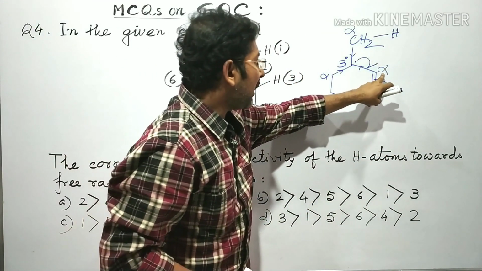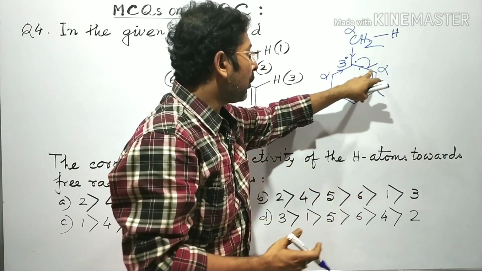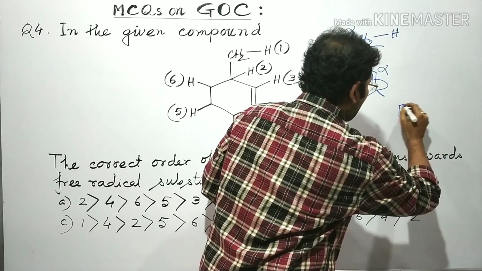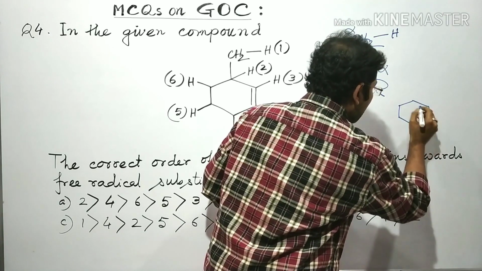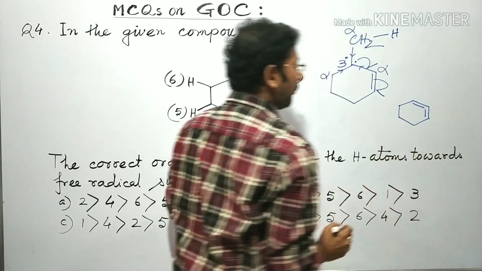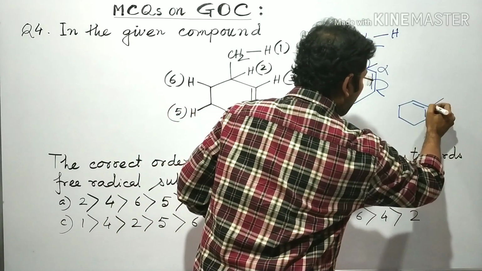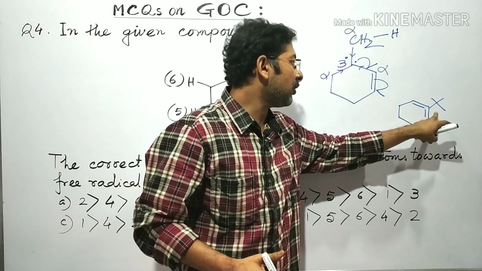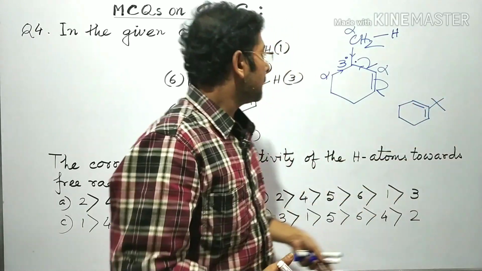But this alpha hydrogen will not be involved in hyperconjugation because in a ring structure this type of bond formation is not possible, because then the carbon becomes sp hybridized, which is not possible in the ring structure.